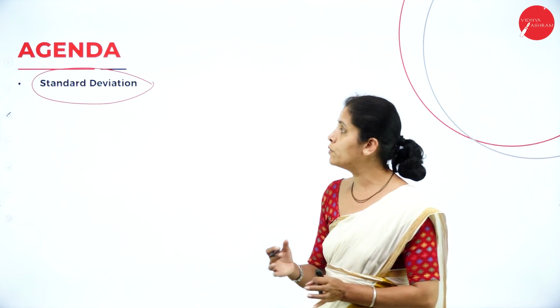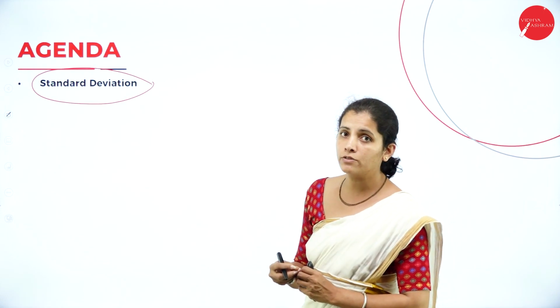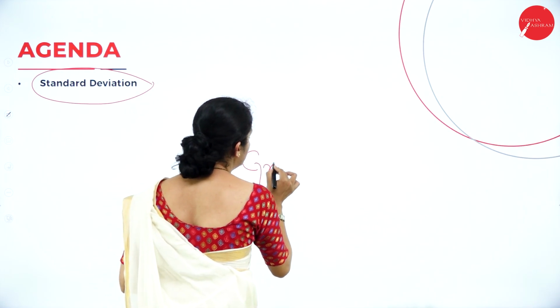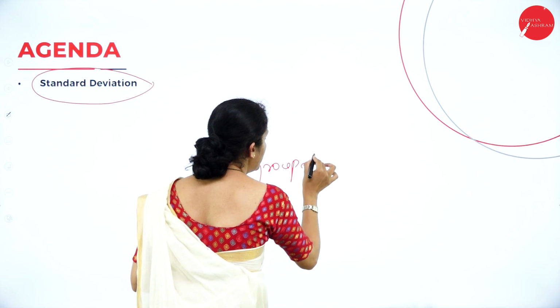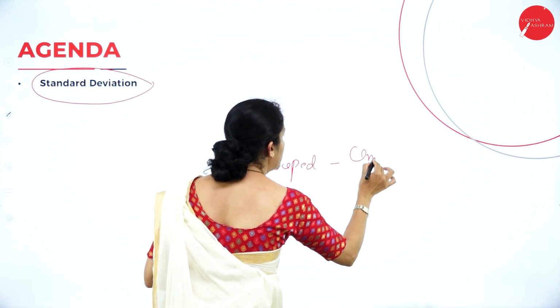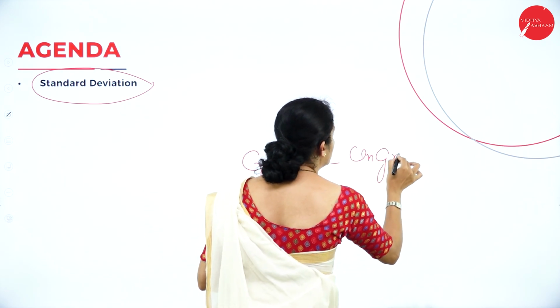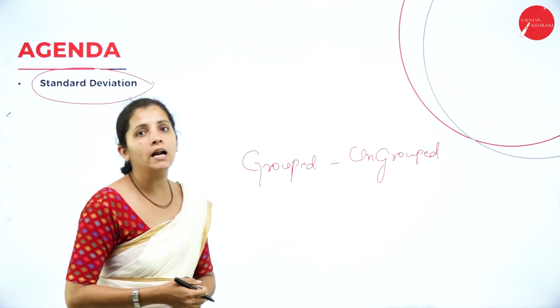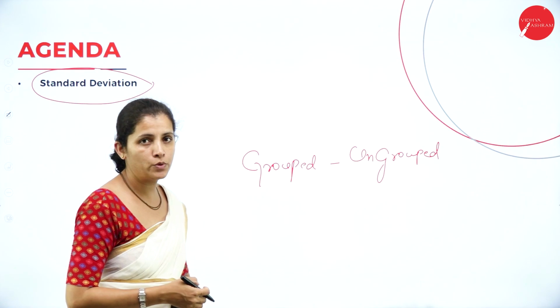In the sense, I'm going to have different kinds of data, that is group data, ungroup data, and the continuous frequency distribution.